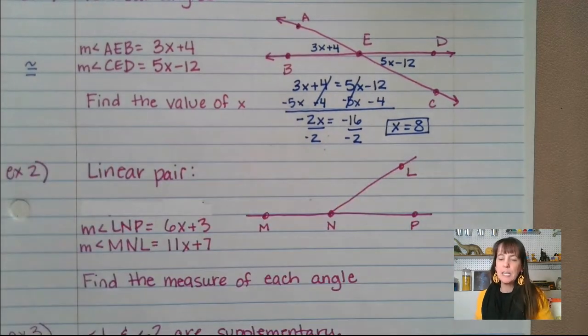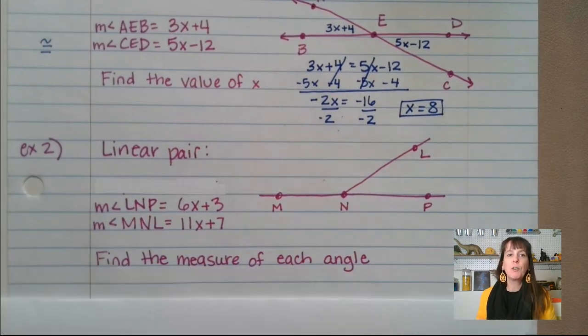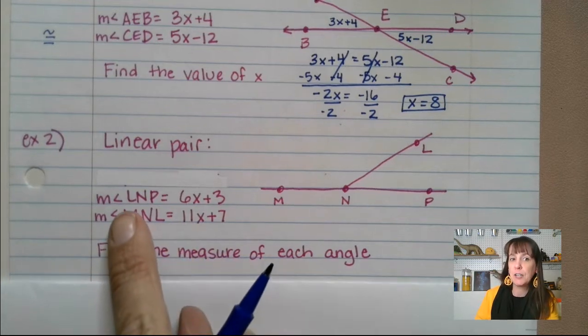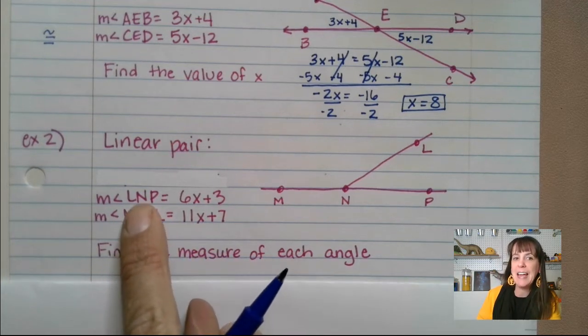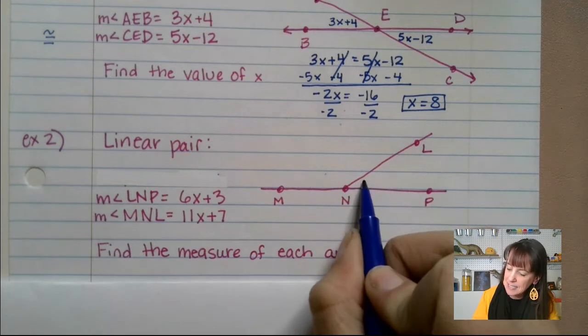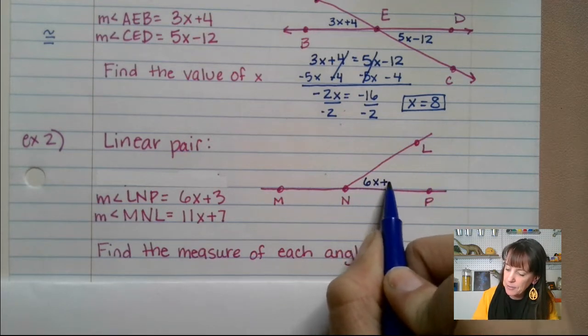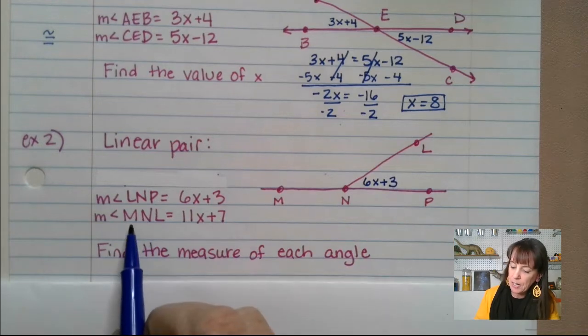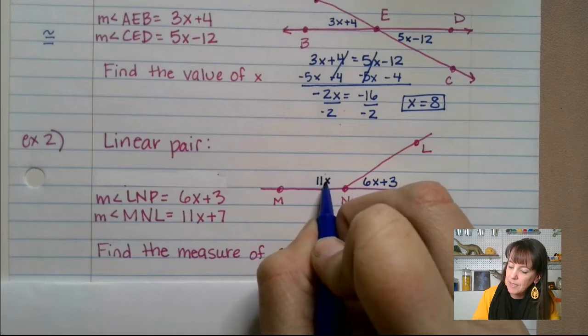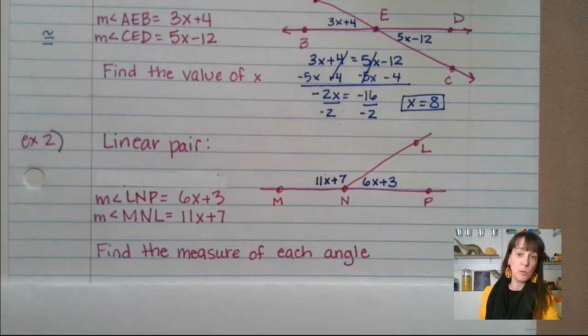So this time we're talking about a linear pair. For a linear pair, remember that a linear pair creates a line, which is 180 degrees. So we have here the measure of angle LNP is 6x plus 3. LNP, that's this angle right here, 6x plus 3. And then the measure of MNL is 11x plus 7. Now, in the previous one, we set them equal to each other.